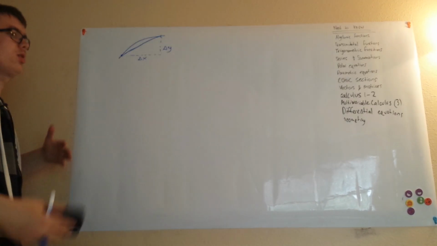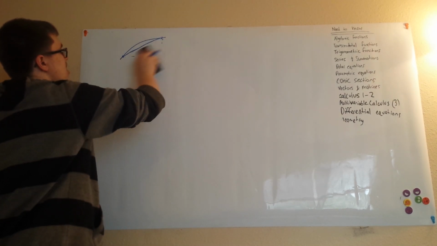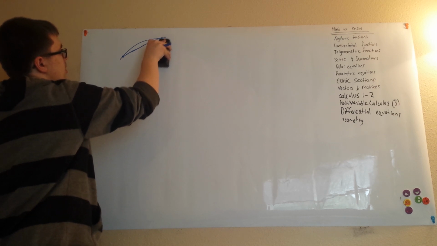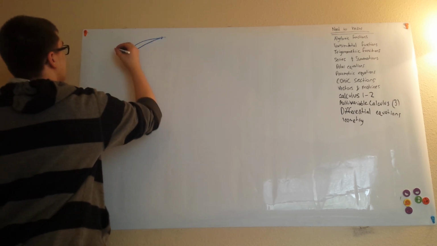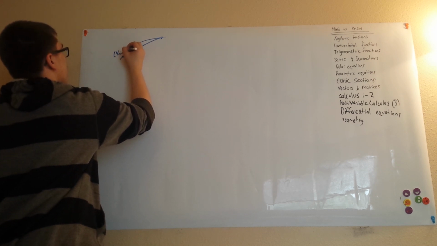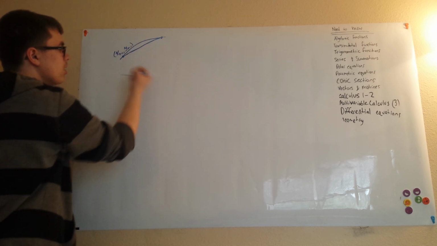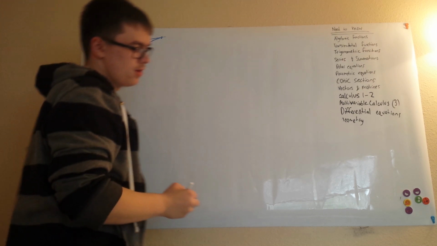Let's imagine this being a point. This is x sub k minus 1, comma y sub k minus 1, that's the point before, sorry.